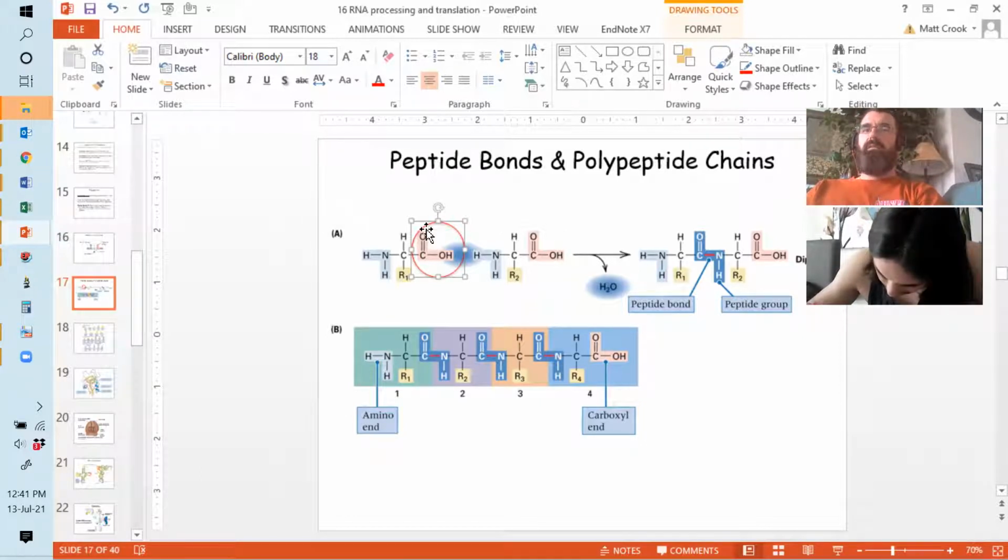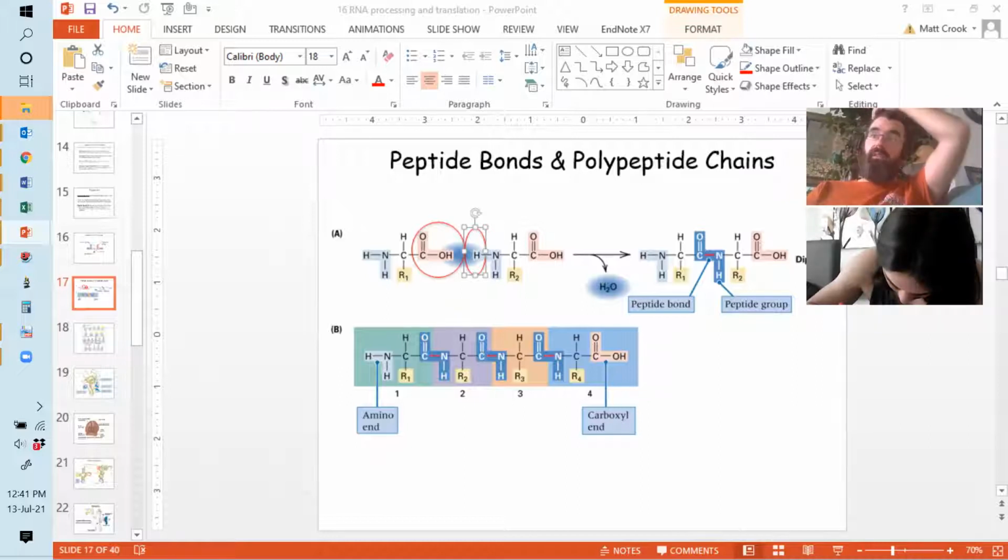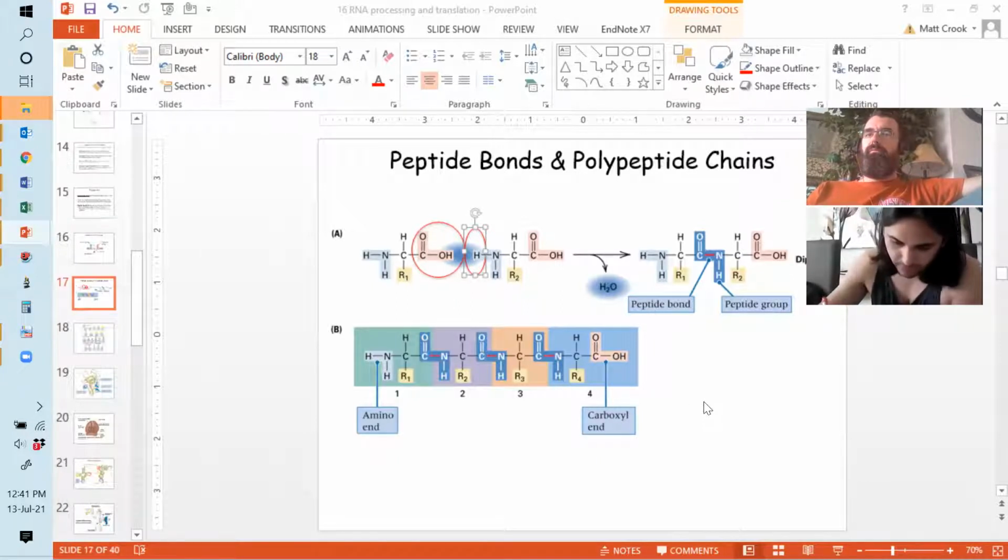And that plus one of the hydrogens in the amine group or amino group. So without the carbon in our carboxyl group, it would be considered hydroxyl.